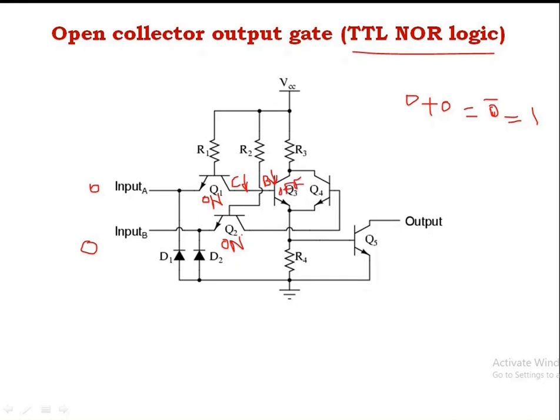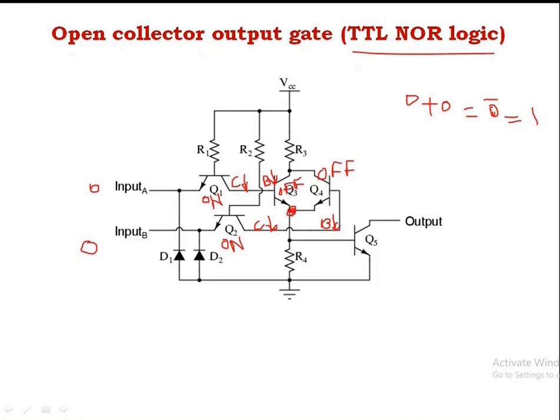Come to Q2. Q2 is on. So if Q2 is on, collector is low. So collector is low means the base of Q4 is also low. So if it is low, this also is off. Q4 is also off. So from where we are taking this output? From this portion.